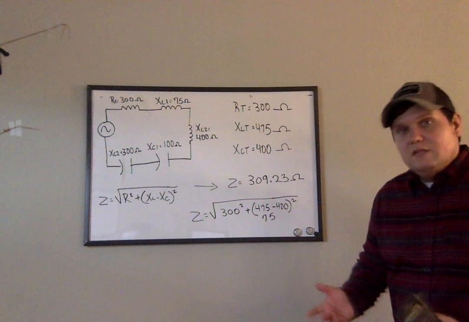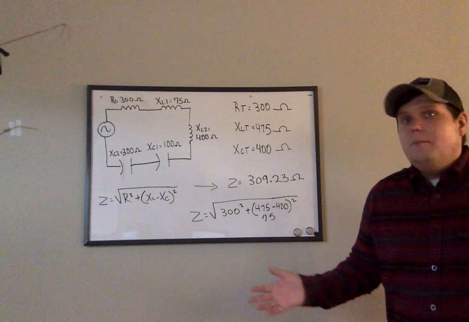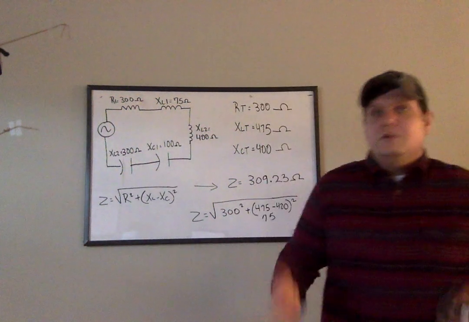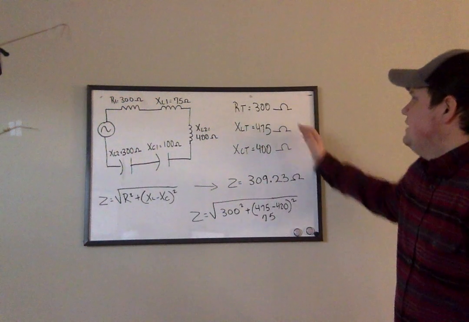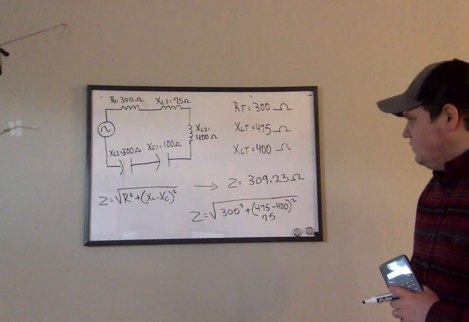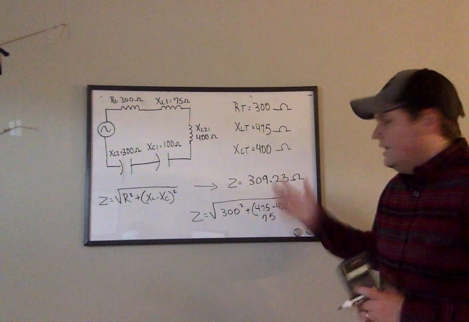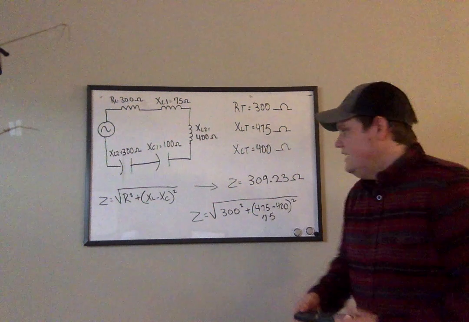Okay? So that's very simple, very basic. All right? This formula looks a little intimidating, but it's not when you break it down into the individual totals. And you can even go ahead and subtract this and then put it into your calculator even easier.